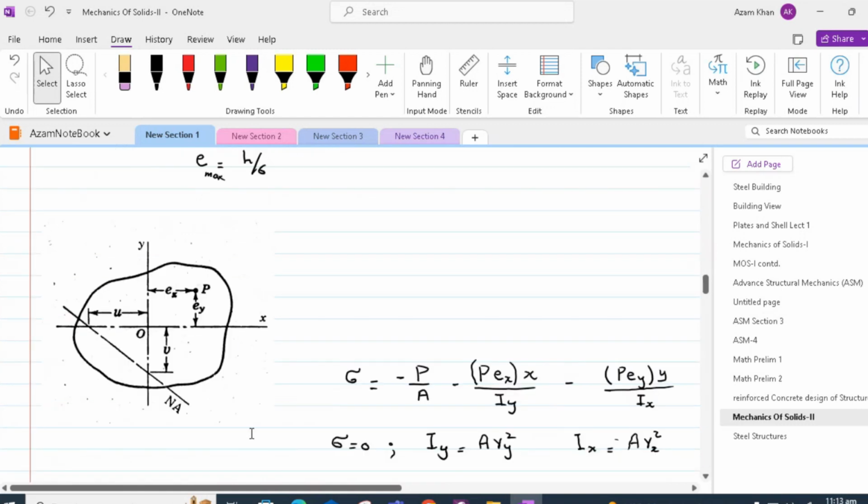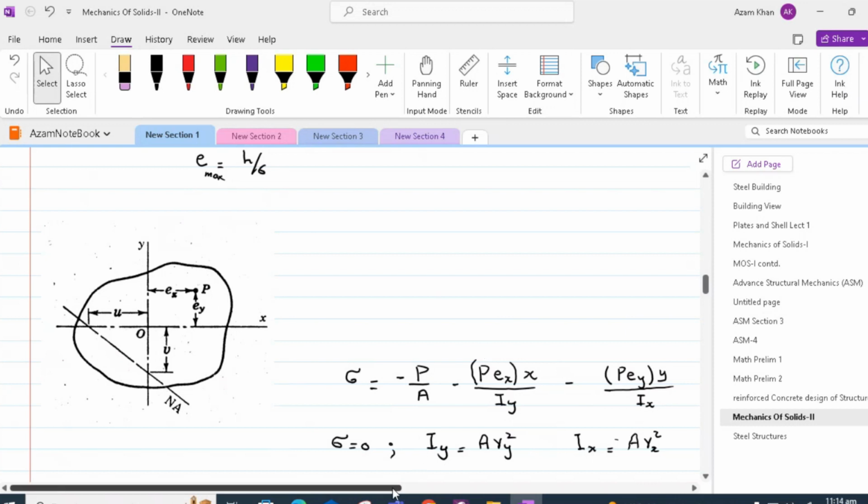We shall now consider the general case in which the load P is applied at any point with respect to the principal x and y axes. Considering ex and ey represent the eccentricity of P with respect to the x and y axes respectively, the moments of P with respect to x and y would be P ey and P ex respectively.